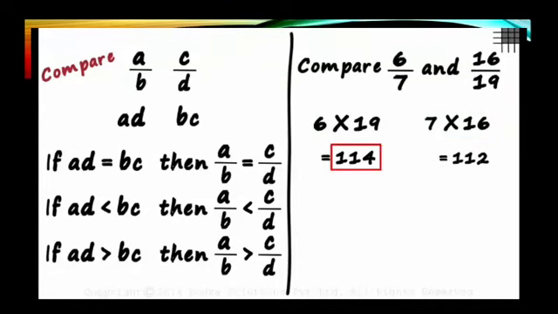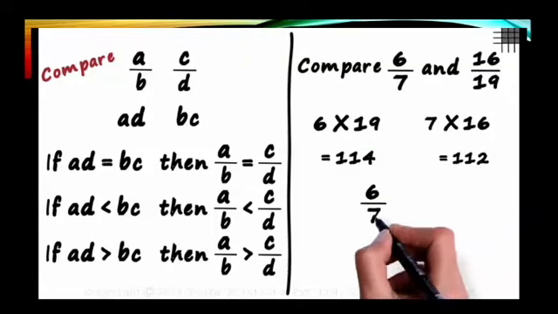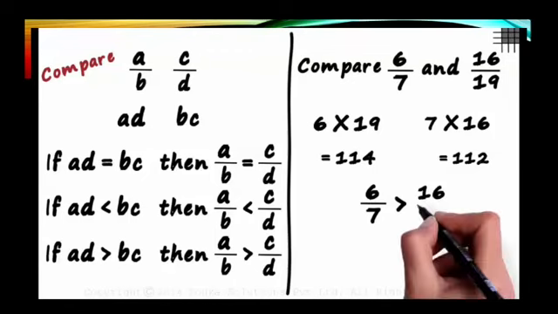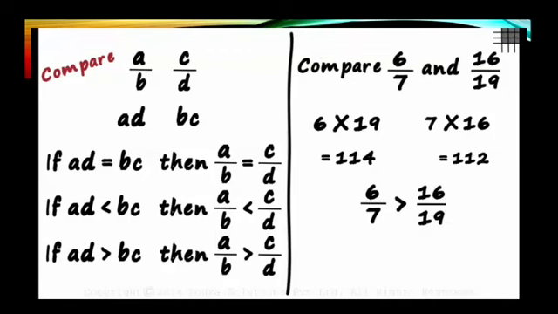As 114 is greater than 112, we can be sure that 6 by 7 is greater than 16 by 19. If we use the calculator, you will see that 6 by 7 is approximately 0.8571 and 16 by 19 is around 0.8421.